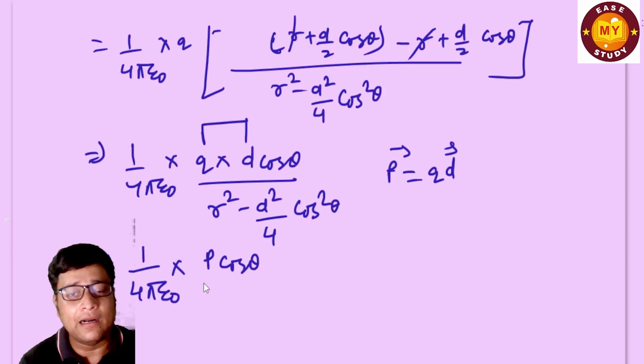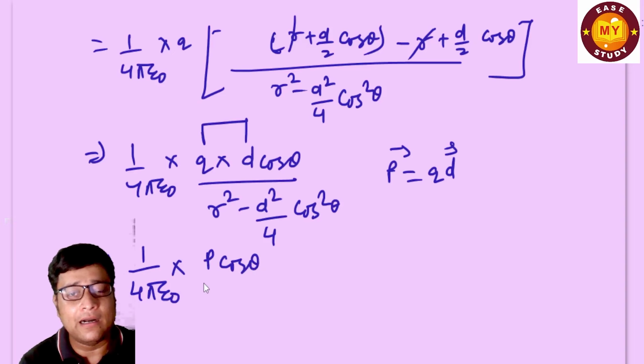What happens? D is very small. D square is again very small. Now d square by 4 is again much less than r square, for any angle theta.